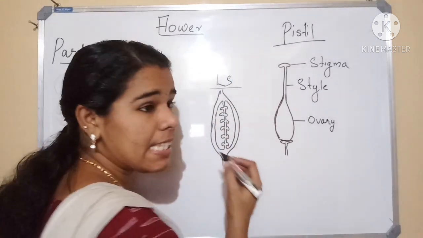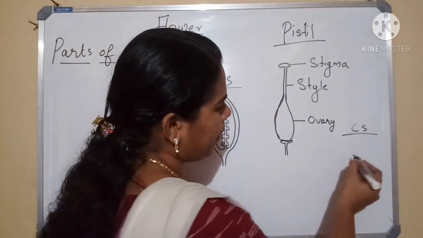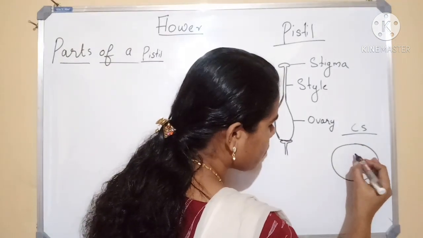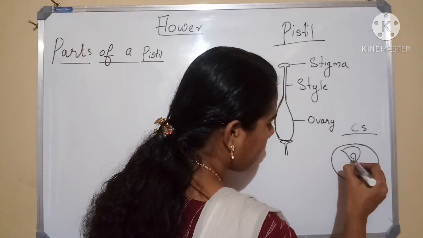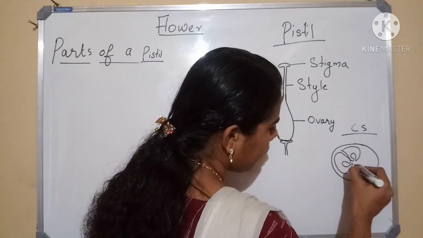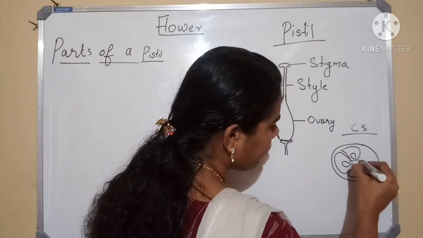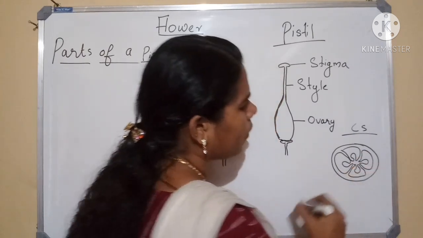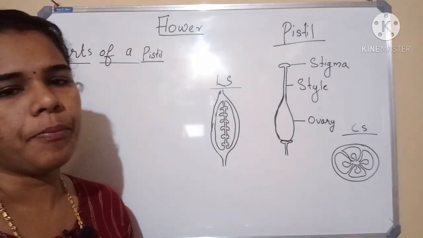When you take the CS of the ovary, a round section is obtained, and when we observe this, here also you can see bead-like structures. This is the CS of the pistil.